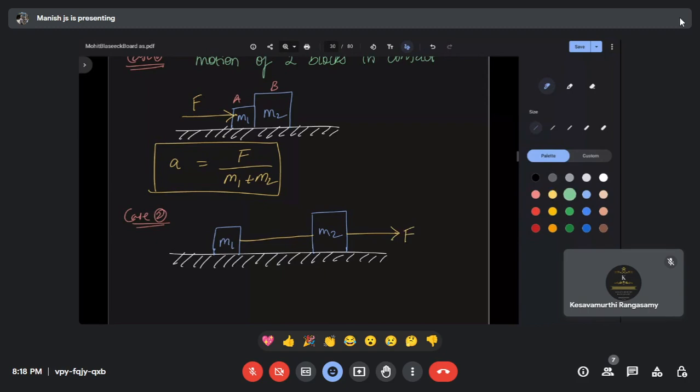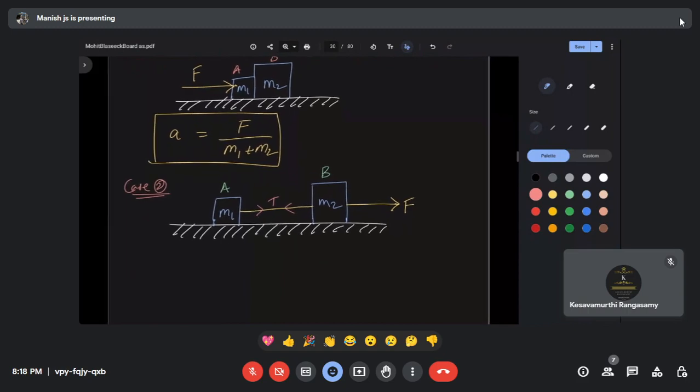I am trying to pull the system of blocks by the rope. So there are 2 blocks A and B. Now you know that there is going to be a tension acting between blocks M1 and M2, that is A and B, connected by a rope, and that tension is going to be T.